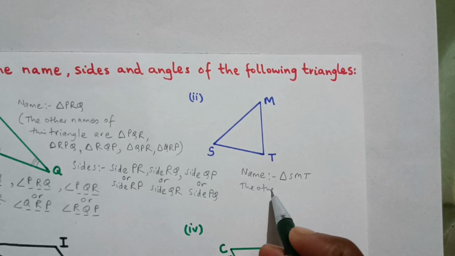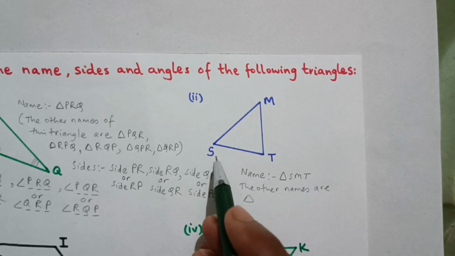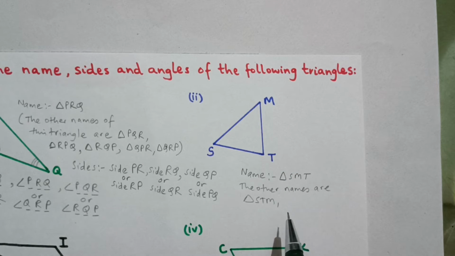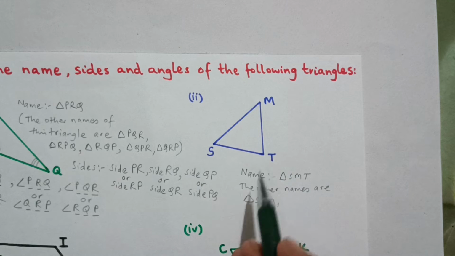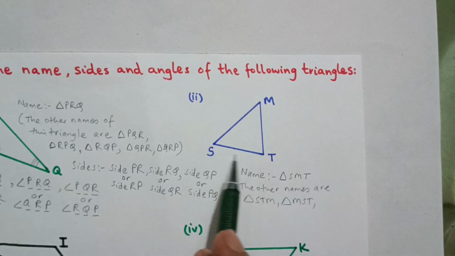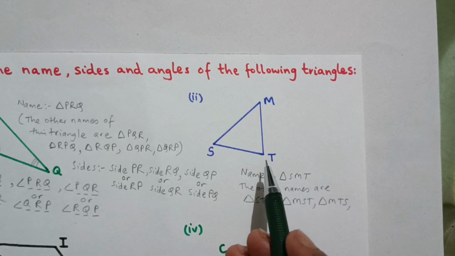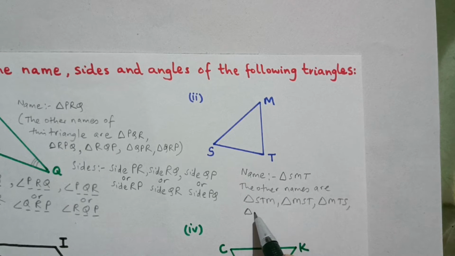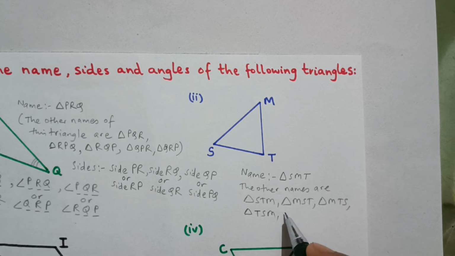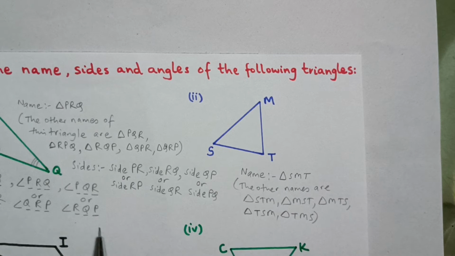The other names are triangle STM, triangle MST, triangle MTS, triangle TSM, and triangle TMS. So this is how you name this triangle.